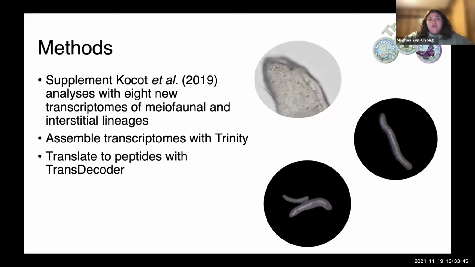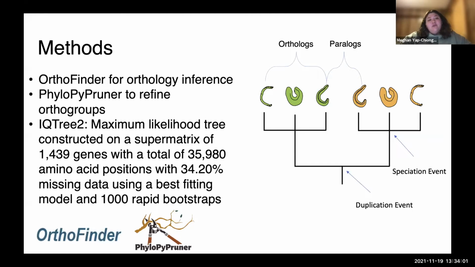In order to do this, we supplemented those analyses with 8 new transcriptomes of meiofaunal and interstitial lineages of Aplacophorans. We assembled those transcriptomes with Trinity, and we translated them to peptides with TransDecoder. And then we used OrthoFinder for orthology inference and a program called PhyloPyPruner to refine those orthogroups, just to make sure that we were comparing apples to apples.